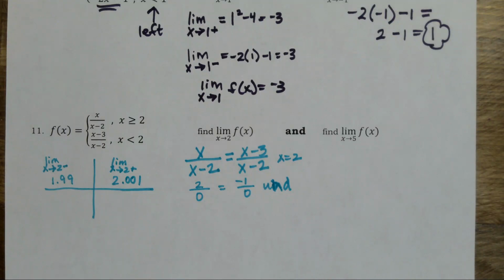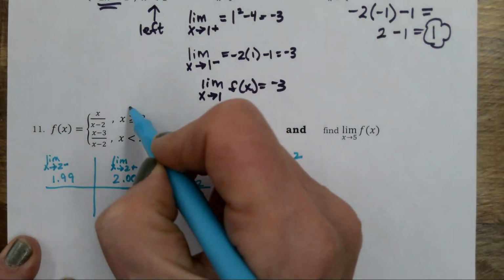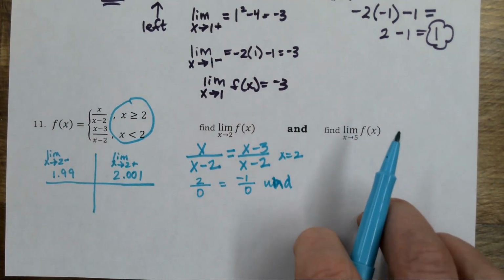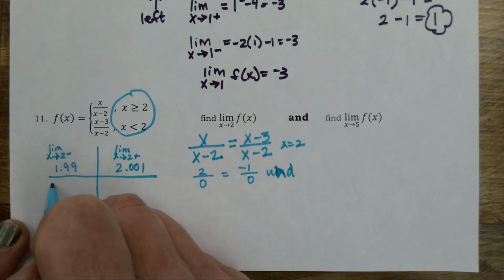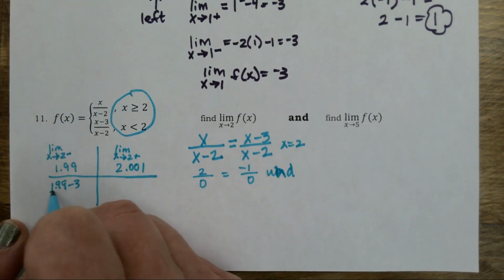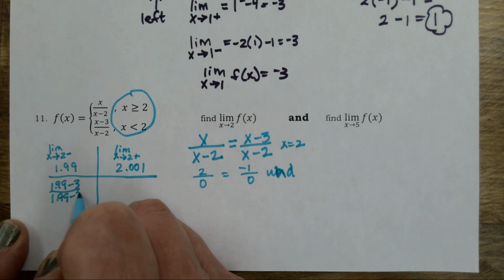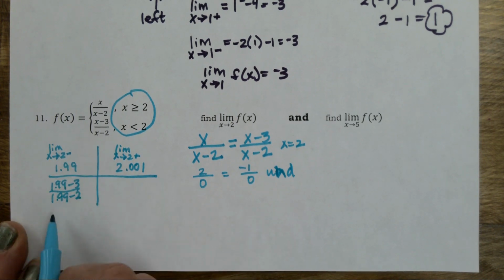On the left, which of the two functions will I use? It's all about the symbol in this area. Which one's the left function? The bottom one. So I'm going to do 1.99 minus 3 over 1.99 minus 2. I'm going to end up with what?